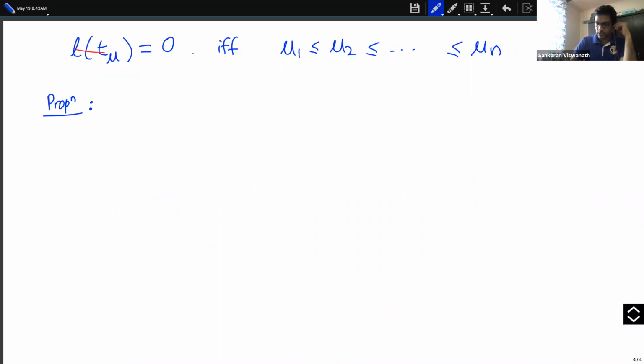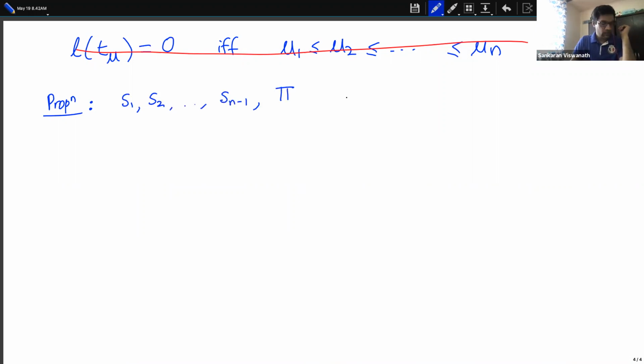So maybe I should say this now. The thing I wanted to say was that S1, S2, up to Sn minus 1 and pi generate W. That was the key point of this, that these are generators.